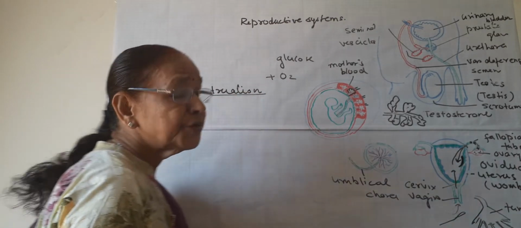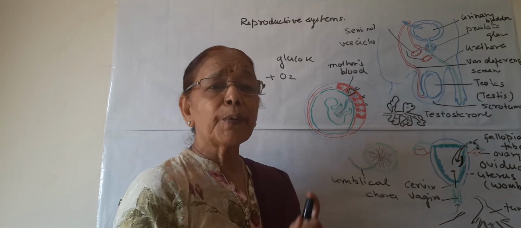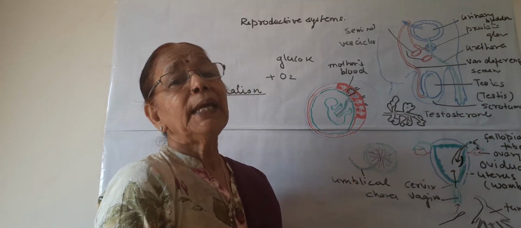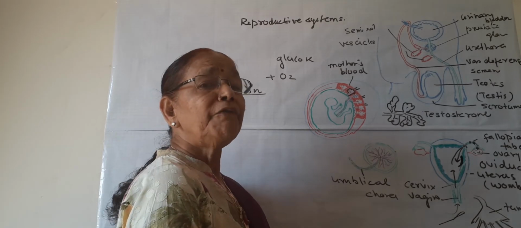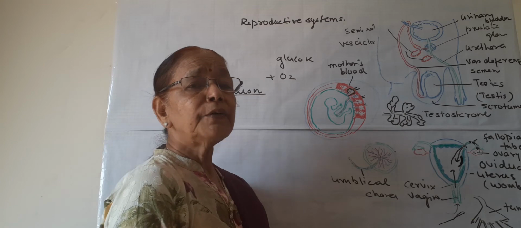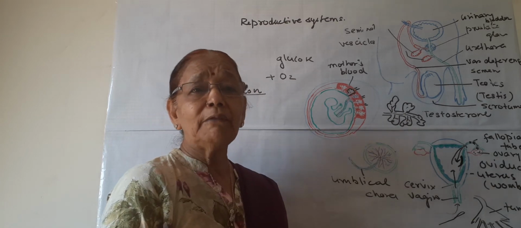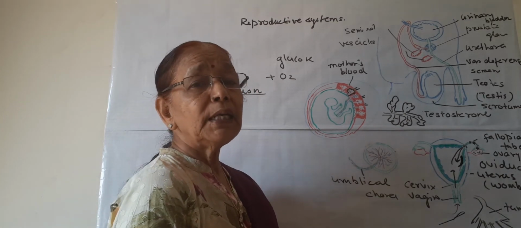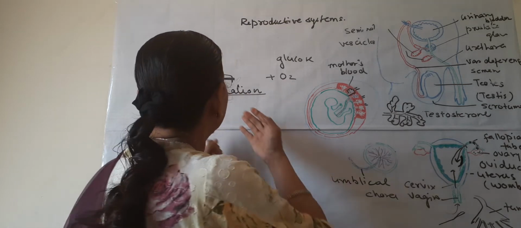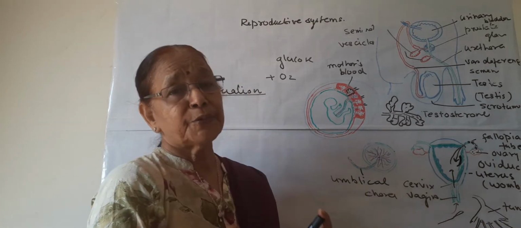What is menstruation? Menstruation is a process which takes place every month in human females after puberty. At the age of around 11 or 12, each girl, each human female, encounters this process of menstruation.